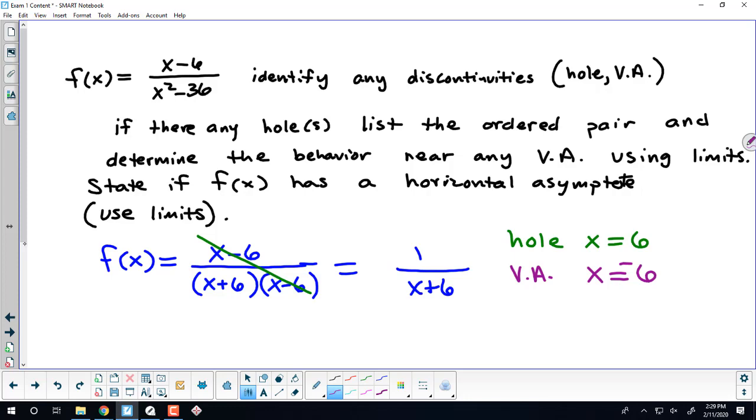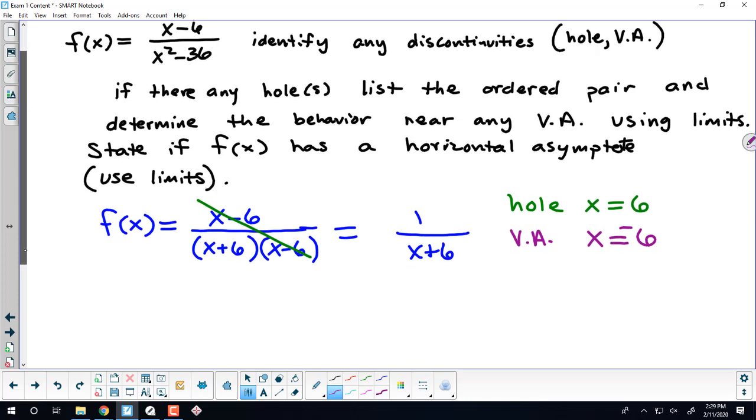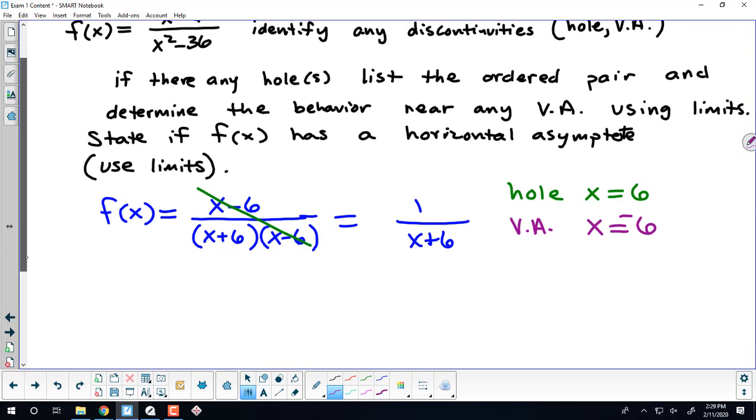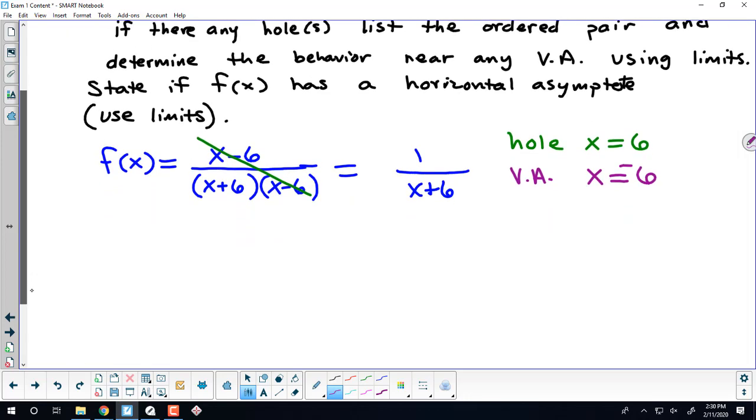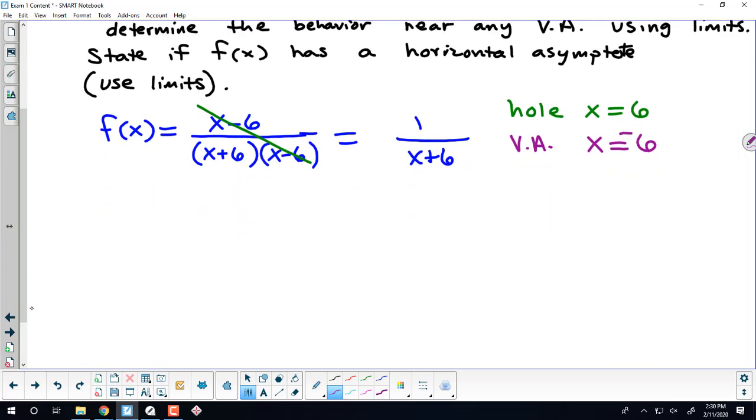Okay, that's the extent of the algebra we want to use. It says determine the ordered pair for the hole using limits and the behavior near the vertical asymptote using limits. So there are a few things to compute.